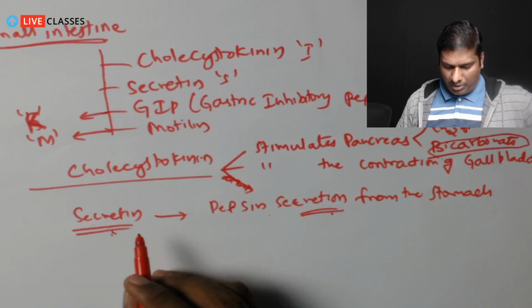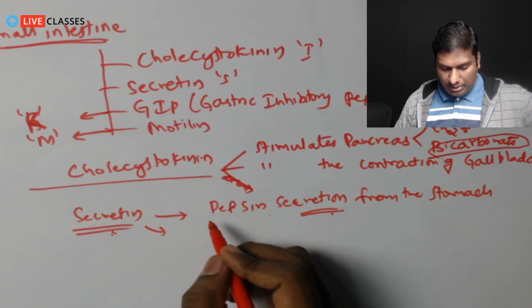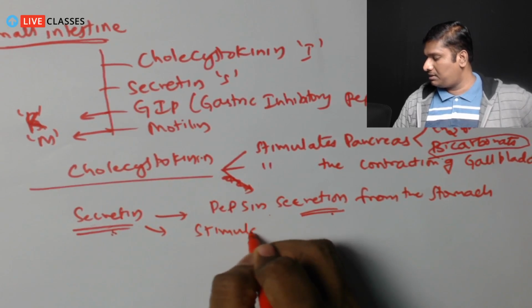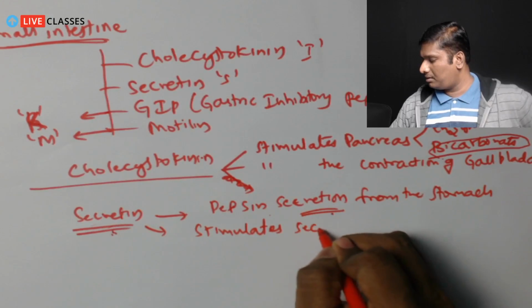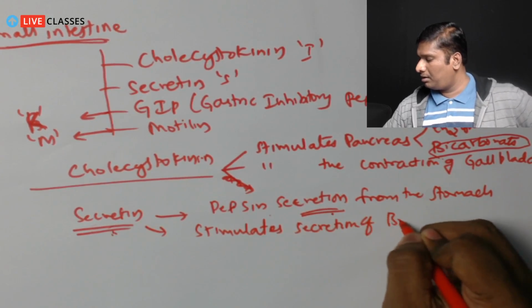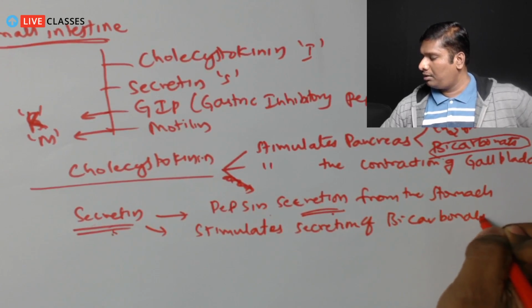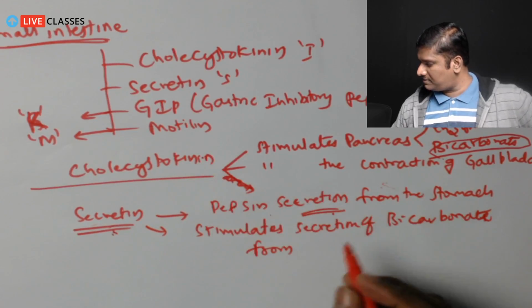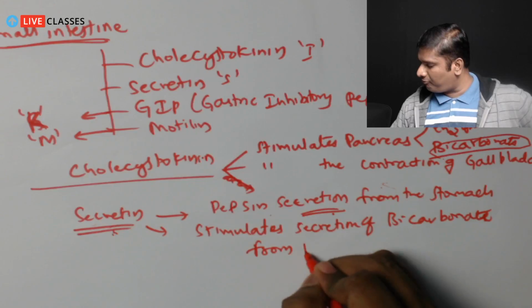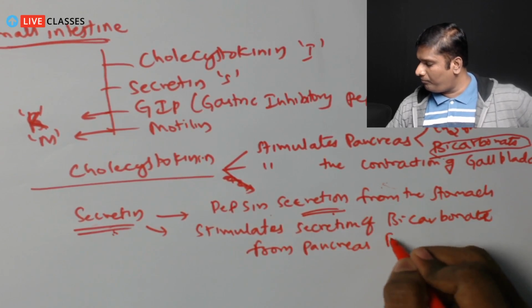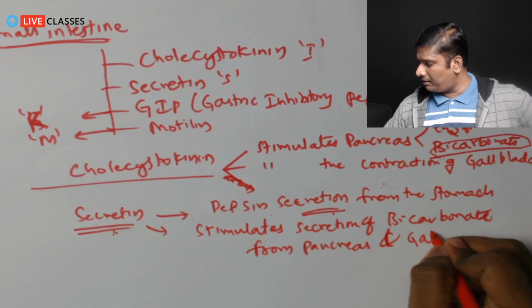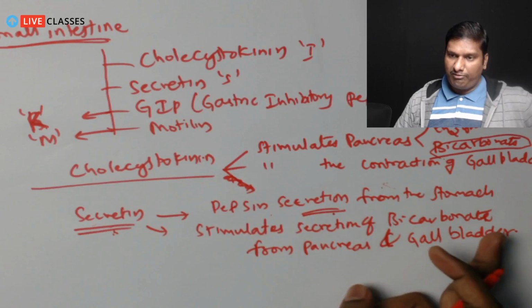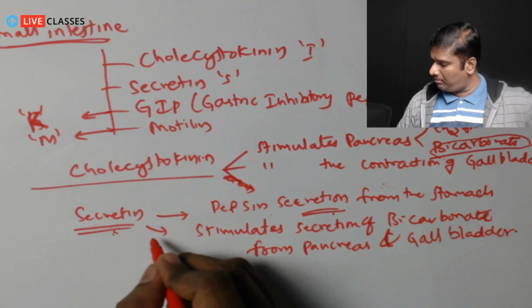Okay, this is important. Now in addition to that, it also stimulates the secretion of bicarbonate, not just from the pancreas, just like your cholecystokinin. It not only stimulates the bicarbonate production from the pancreas, but also from the gallbladder.